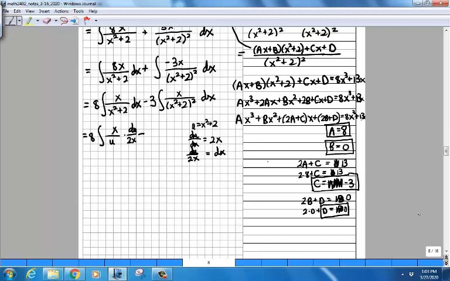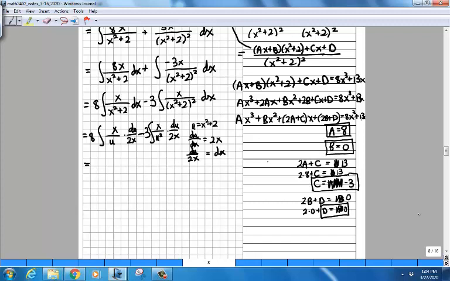In substituting in this second integral, I can still let u be x squared plus 2, and then dx is still du over 2x. So this would be minus 3, and then antiderivative of x over, but now notice it's u squared, right? Because this is x squared plus 2 squared, and then again dx is du over 2x.